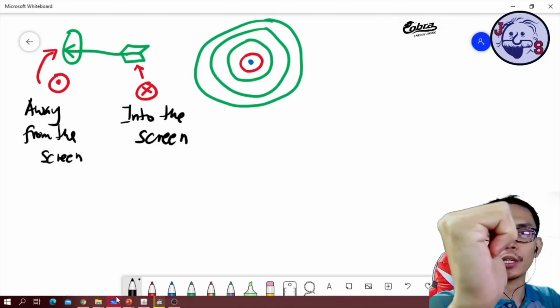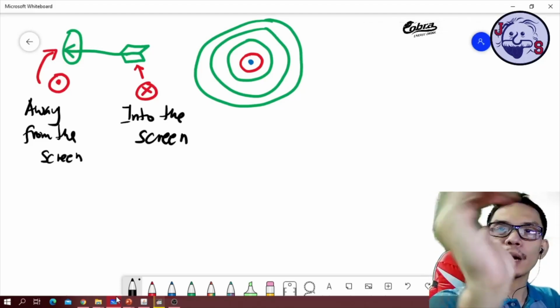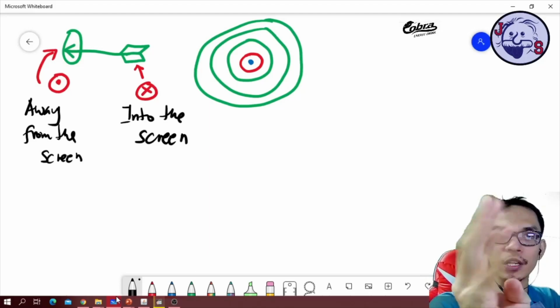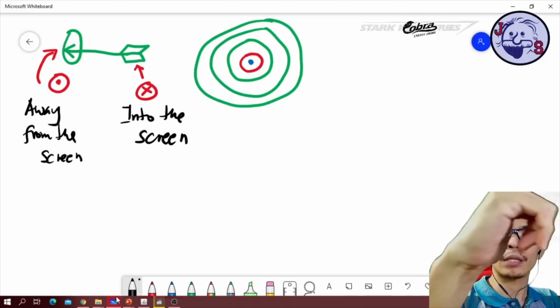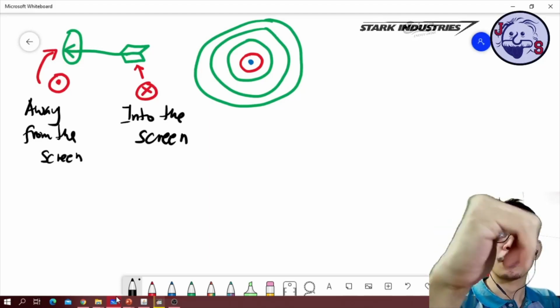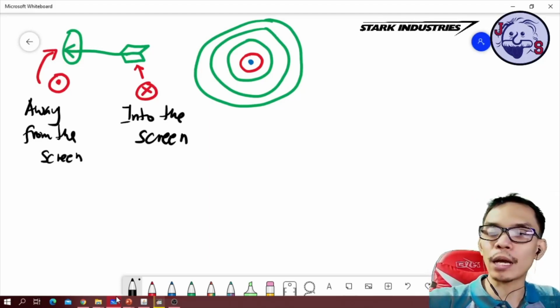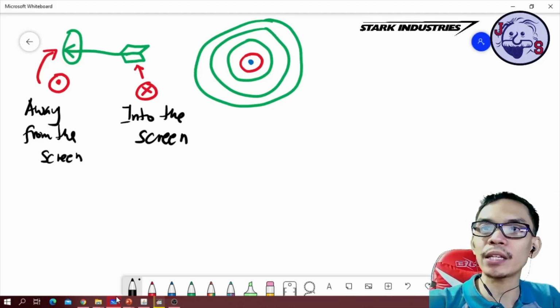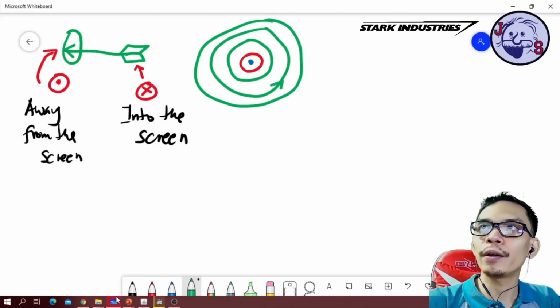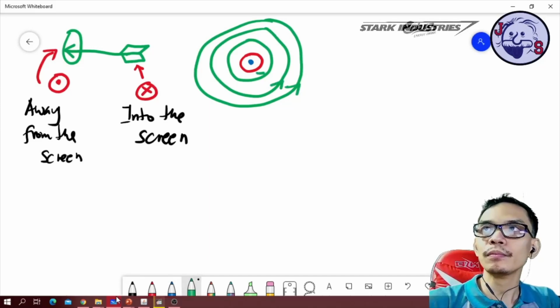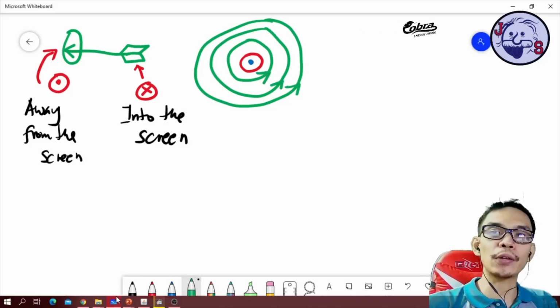The thumb is pointing towards me, and as I look upon these fingers, it is going in the counterclockwise direction. So therefore, the magnetic field that you have right here is going counterclockwise.